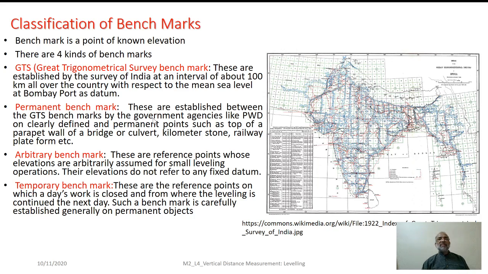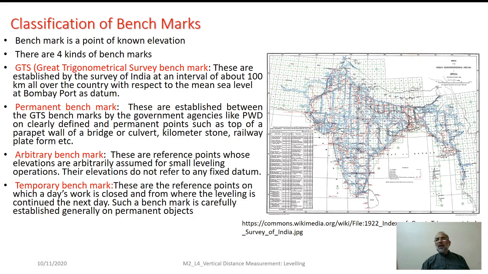Under such circumstances, we take some semi-permanent kind of object to close the work, from which the work will be restarted subsequently after taking the break. Such a benchmark is called a temporary benchmark.